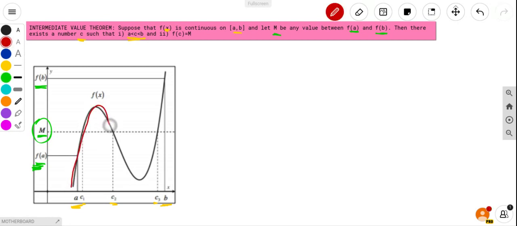This graph here will have an output that is equal to m. It has to equal this number because it's continuous, right? And we don't know where or how it's going to happen. We just know it has to happen. So I see a point right there, a point right here, a point right there. Those are at least one instance where f of c is equal to m. That's all the intermediate value theorem is saying, right?